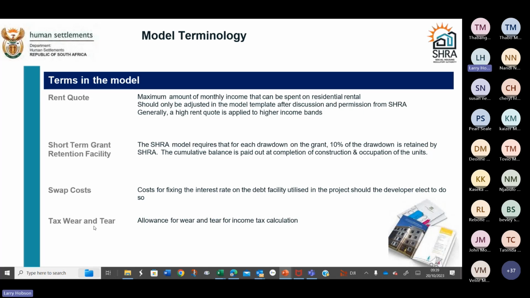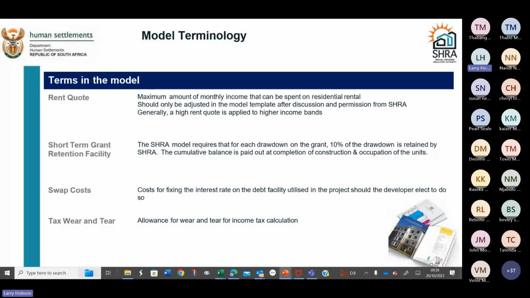Then you'll also see the term tax wear and tear. That is where you've got different allowances for tax purposes on buildings that get applied even if you're not doing depreciation in your income statement. The tax calculation has that. That would only apply to you if you are an ODA with taxable status.